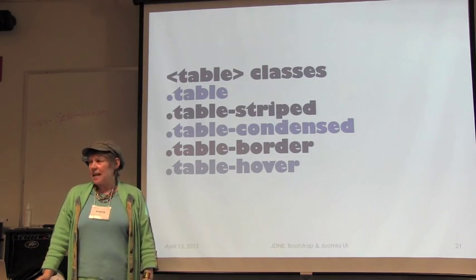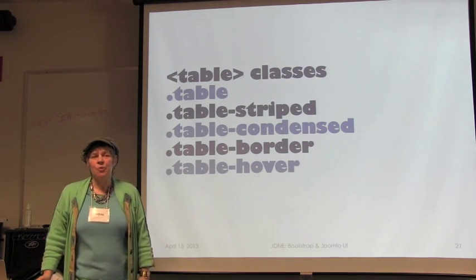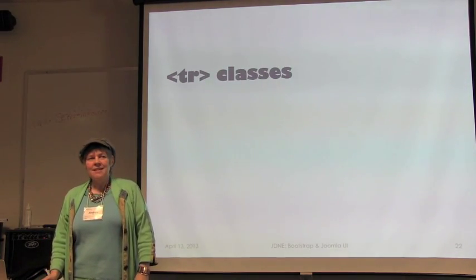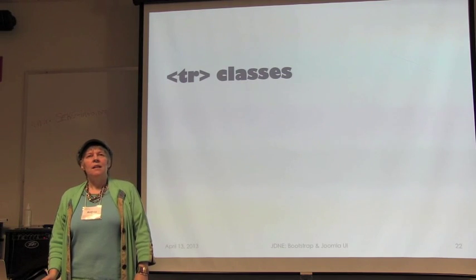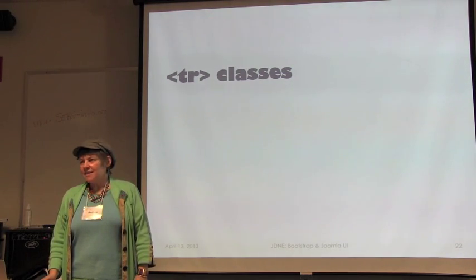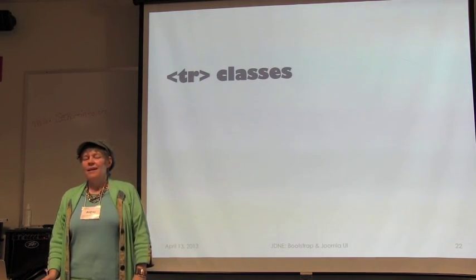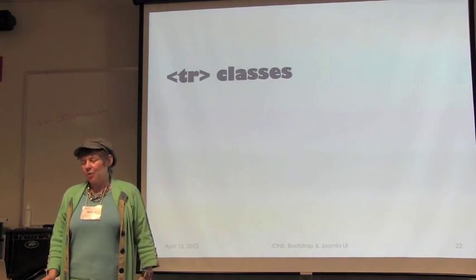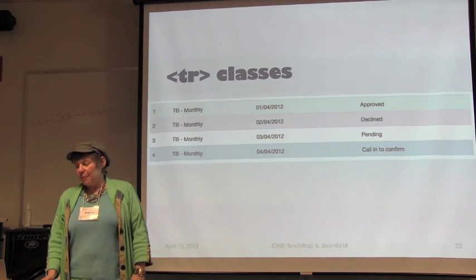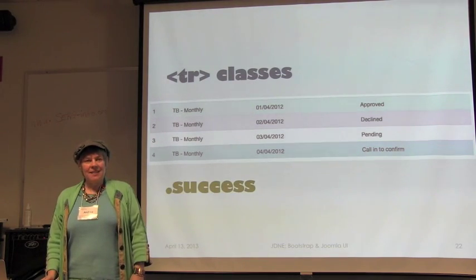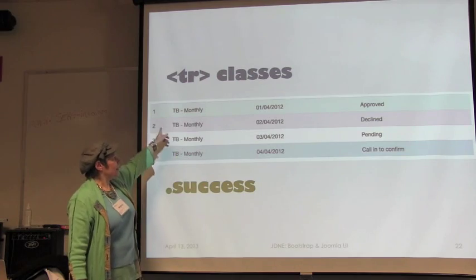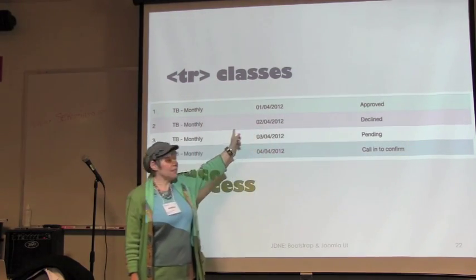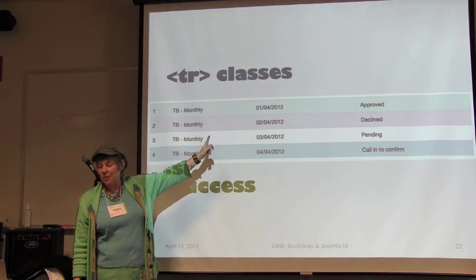In addition to the table element, there are some classes that you can put on each row element. These are very much like the text classes we had that affect things like background color. You could set up exactly what you want them to do. Again, it would be success, so let's say this row is a success or approved, and it could be styled a certain way.